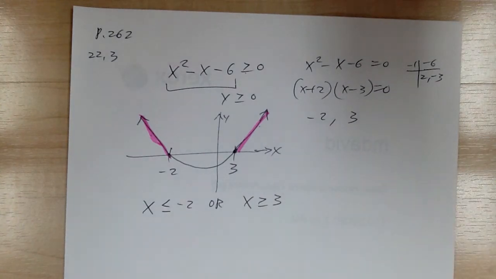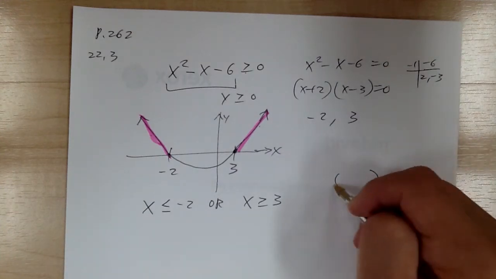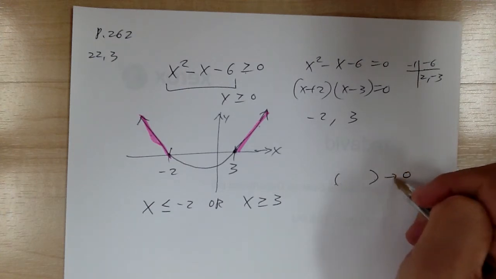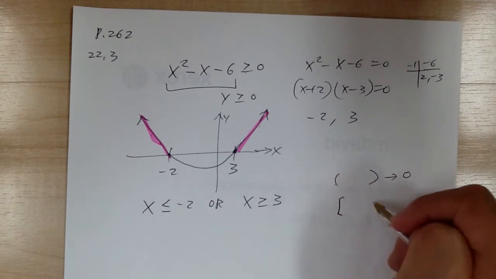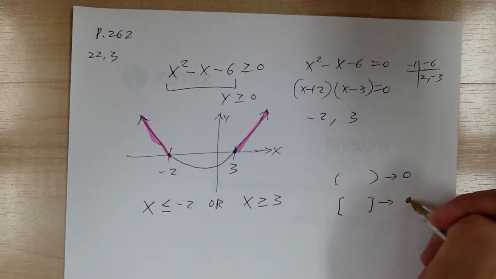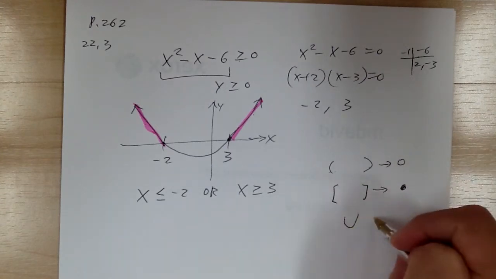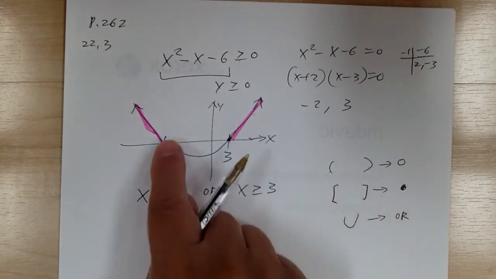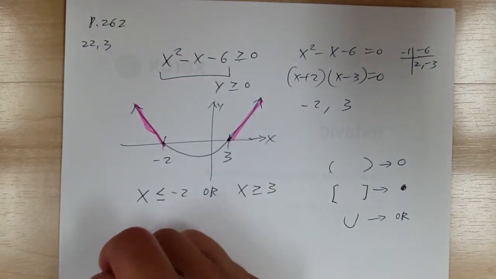Now, there's also a different notation for writing this answer. When you have parentheses, either right or left, that means it's an open circle, which means it does not include the value. The bracket means it includes the value. And union means or. If you're going to write this in this notation, this goes to infinity, but it never reaches negative infinity.